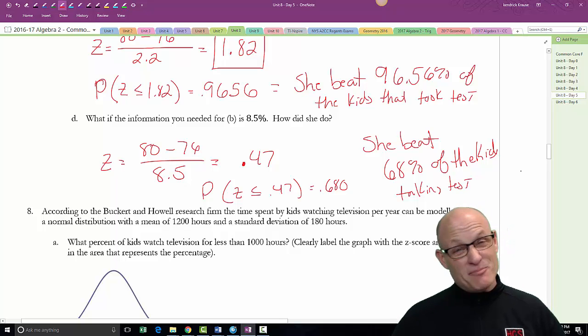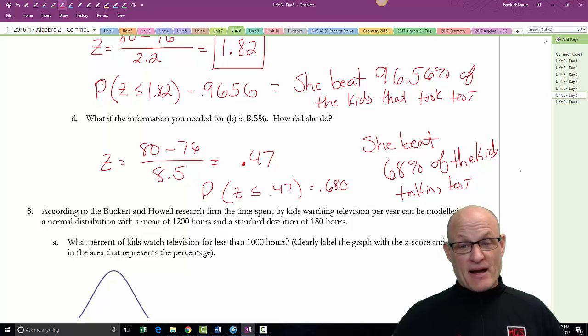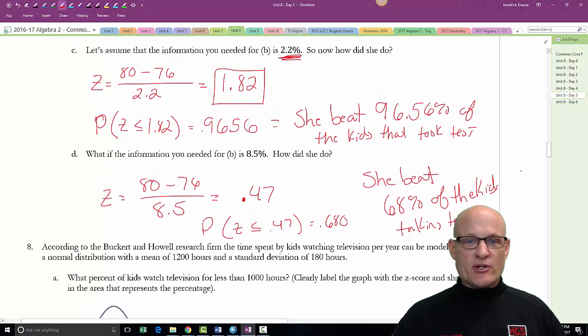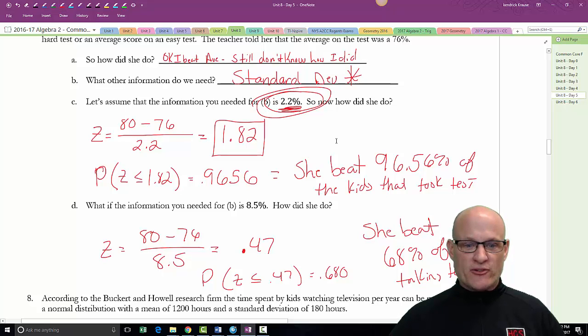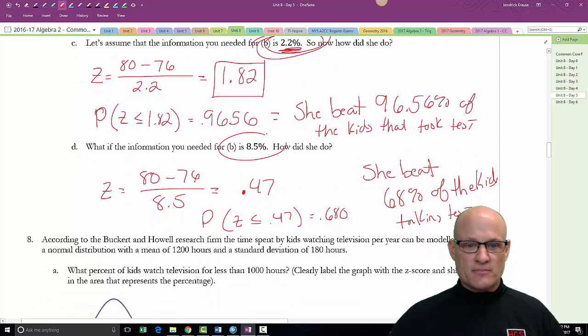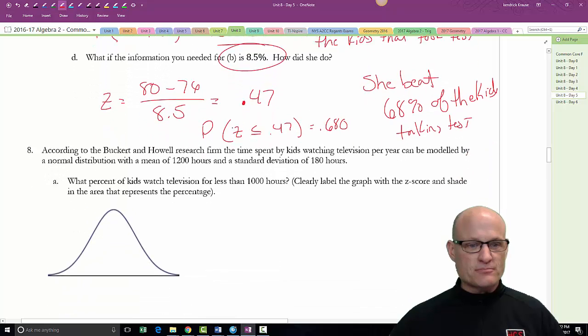So, yeah, she did better than the average, but not much better. In my house, you'd say 32% of the class beat you. So you can see where the standard deviation is going to make a huge difference depending on what our score is going to be. All right, so let's practice some more.